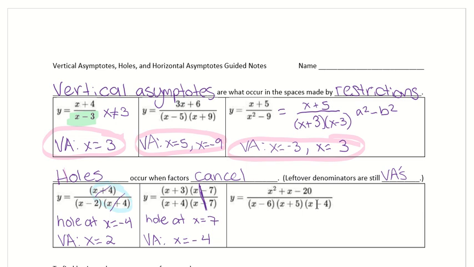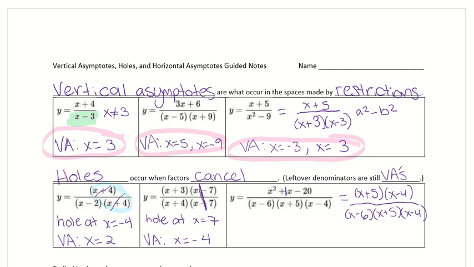This third one is a bit of a challenge because you have to factor the numerator. So let's factor the numerator. We've got to think of two numbers that add to 1 and multiply to negative 20. So x plus 5 and x minus 4. And then on the bottom, that's already factored, x minus 6, x plus 5, x minus 4.